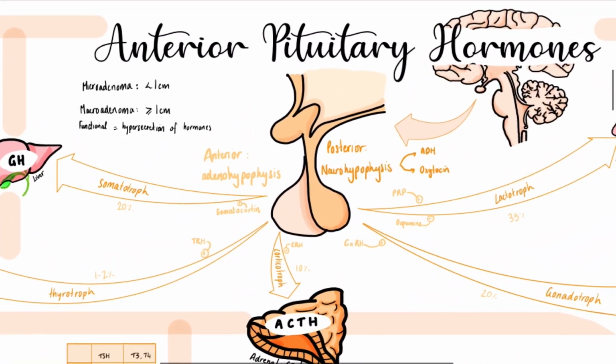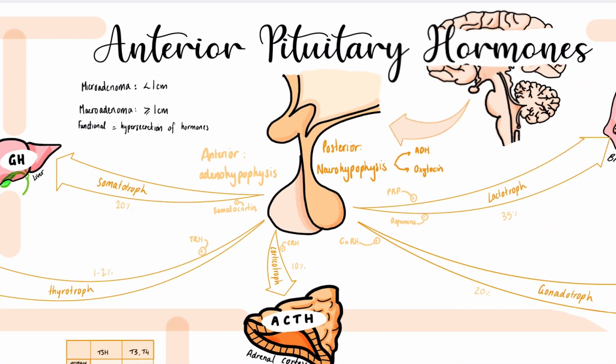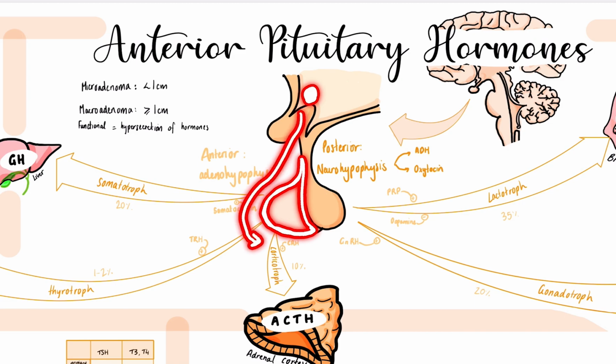Okay, so starting off with the anatomy of the pituitary, we've got the anterior lobe and a posterior lobe. The anterior lobe is called the adenohypophysis, and it is different to the posterior lobe in that hormones are produced by the hypothalamus, and they travel through a hypophyseal portal system to act on the cells of the adenohypophysis, which then in turn produce all of our hormones.